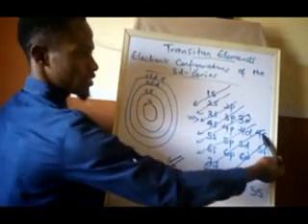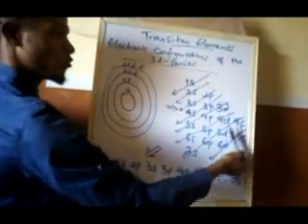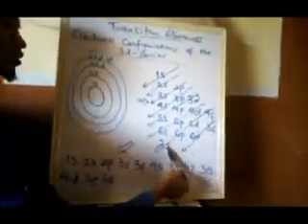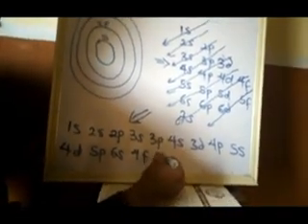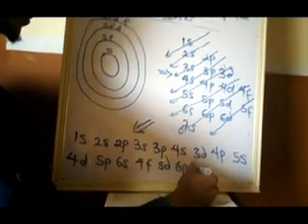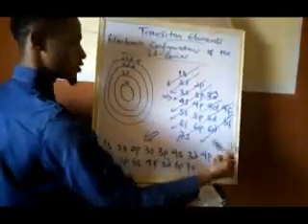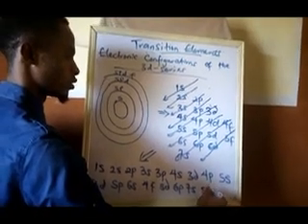After this, we have the next line, 4f 5d 6p 7s. Then we have 5f 6d.